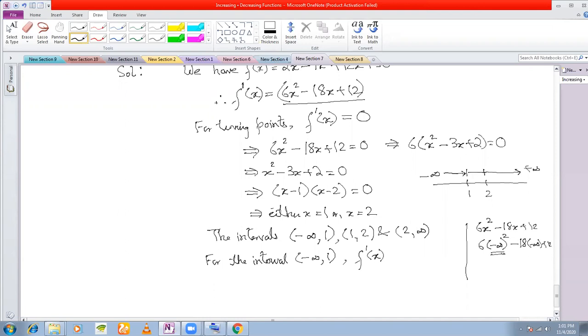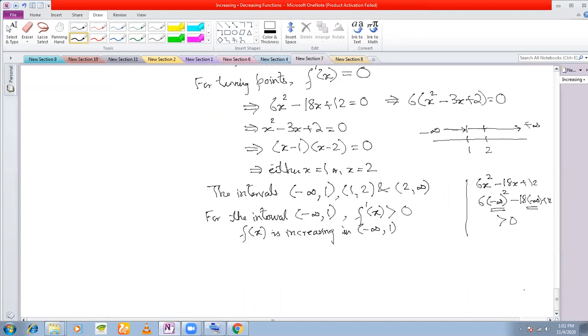See, this is infinity square. This has to be greater than this, right? Always. That means this is positive, always positive. So that means f(x) is increasing in minus infinity to 1.